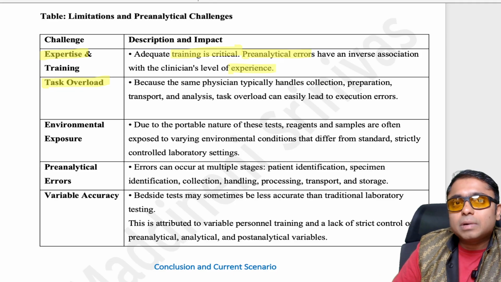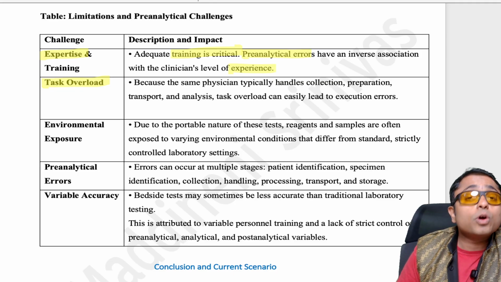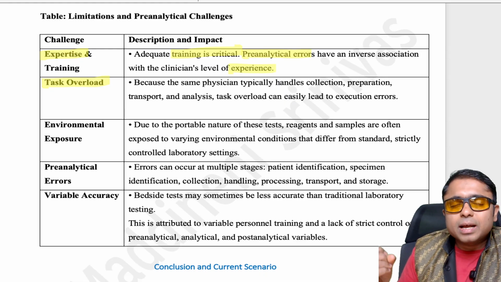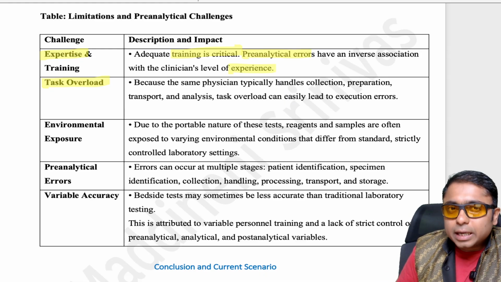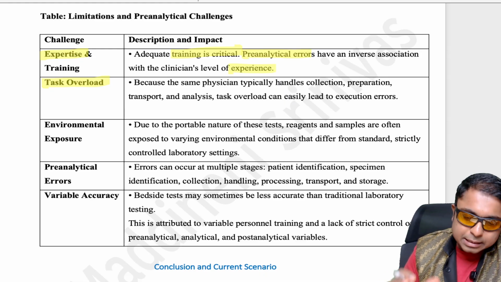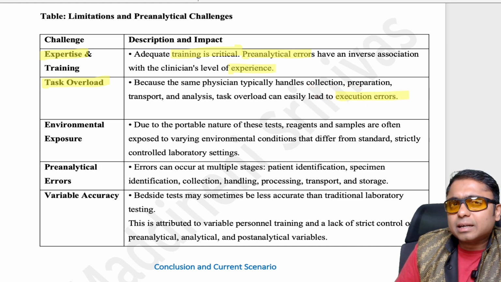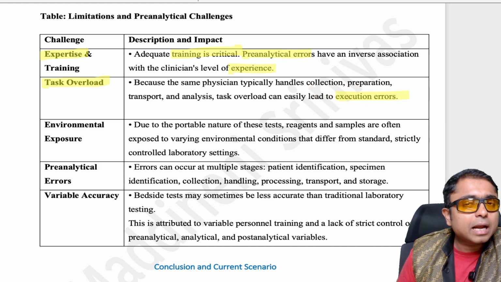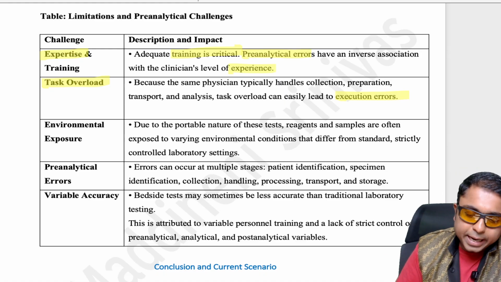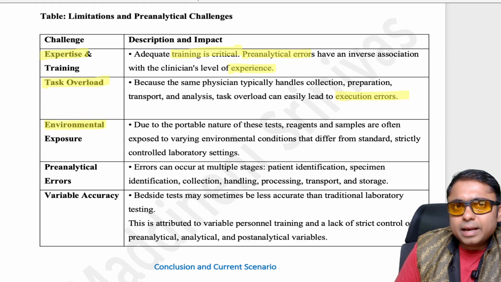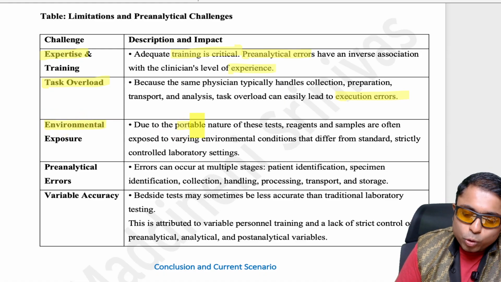These are time-taking processes. Obviously, if your OPD is very busy, it might be a hectic task for you, because of which inadvertent execution errors might creep in. So take care of this. And the environmental exposure, that is the portable nature of these tests, reagents and samples.